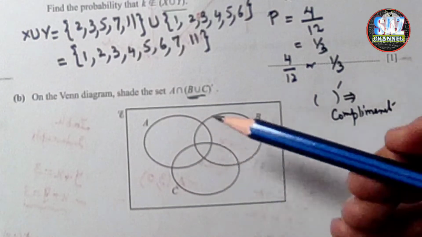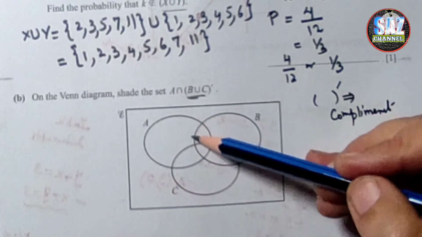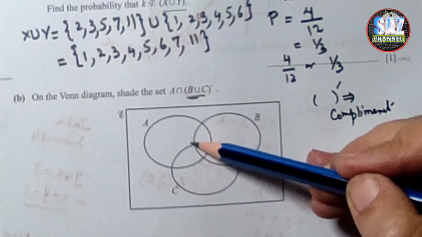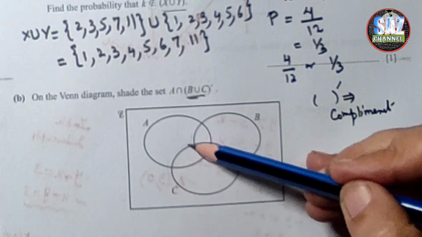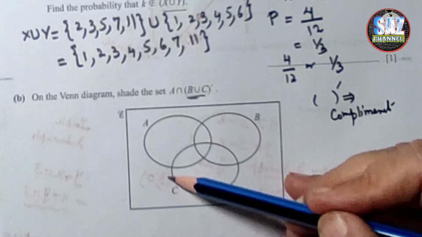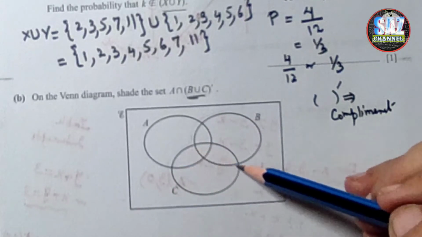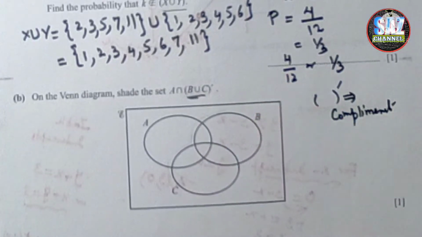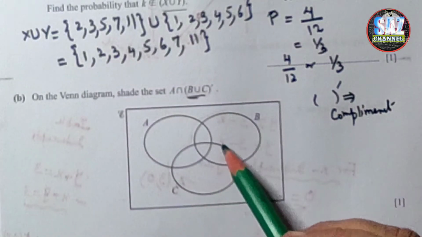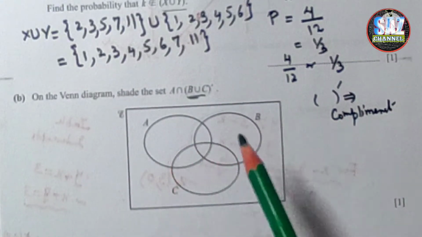So it means that B and C both are not coming. It means that this whole region, B and C, both the sets are not coming. And after discarding this, we have to take the intersection with A. Now look, if I'm finding B union C whole complement, then what region will I be having?